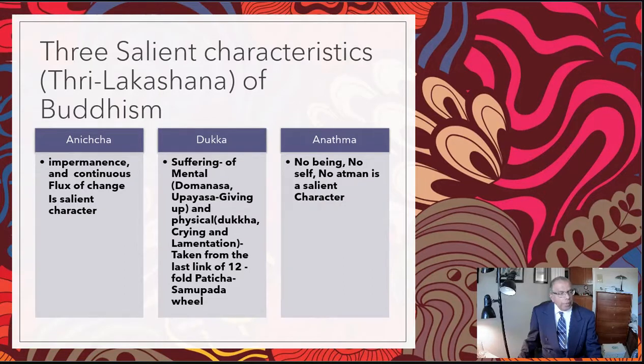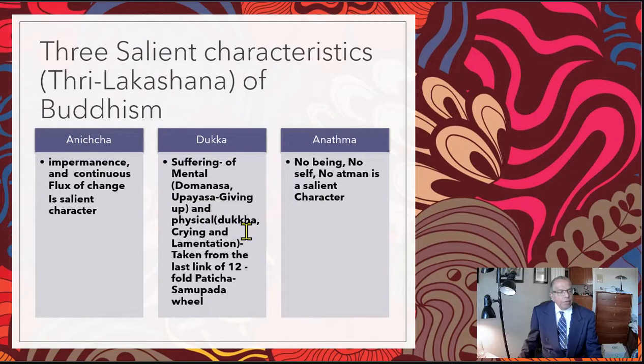So in summarization, the three salient characteristics that Buddha is talking about: there is anicca, impermanence or continued flux of change, a salient characteristic that Buddha's teaching defines.